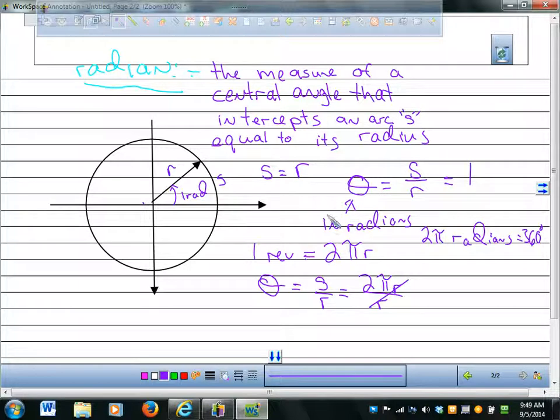So if you want to figure out how much 1 radian is, it's about 57 point something degrees. You would just take 360 divided by 2 pi, and you would get the measure of one radian. It just turns out it's a lot easier to use radians when you're talking about trigonometry than degrees. So there's 6.28 of them.